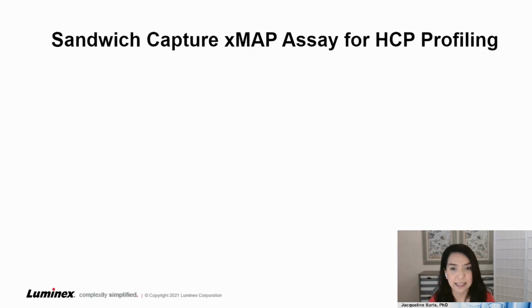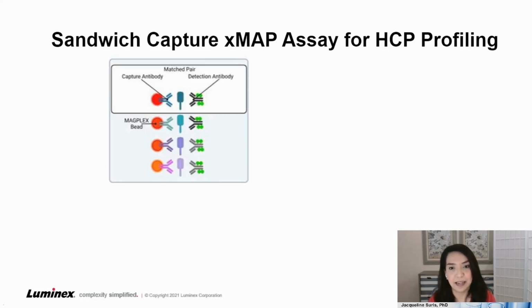So far what I've seen is it's a typical sandwich capture assay for HCP profiling. Very similar to an ELISA, you have your antibody matched pair and your sandwich capture assay, which recognizes two different epitopes for your target of interest.